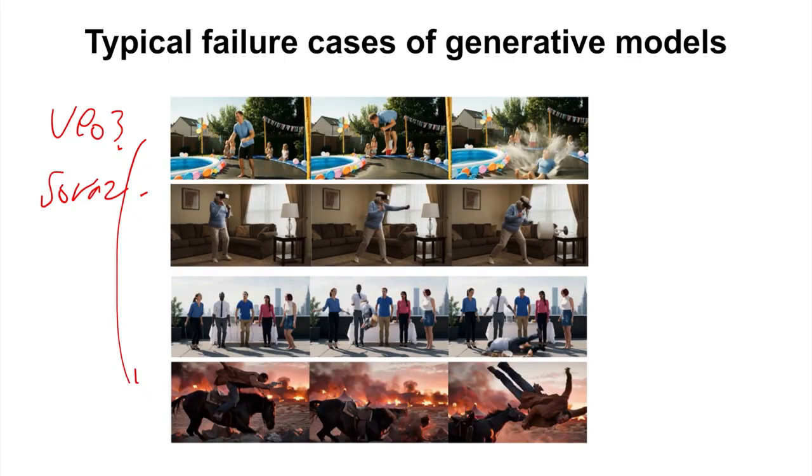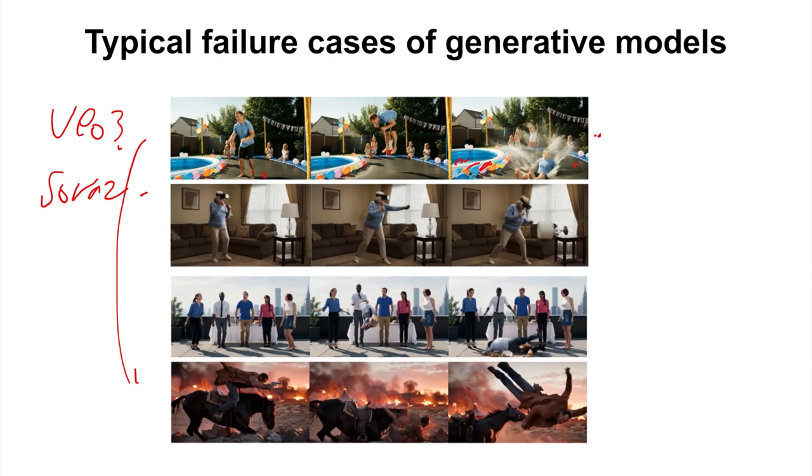As you can see from this one, this guy is jumping on the trampoline, but when he falls down, there's no water on the trampoline, but then there is water when he falls back onto the trampoline. There's water next to the trampoline, but of course something is weird, right?